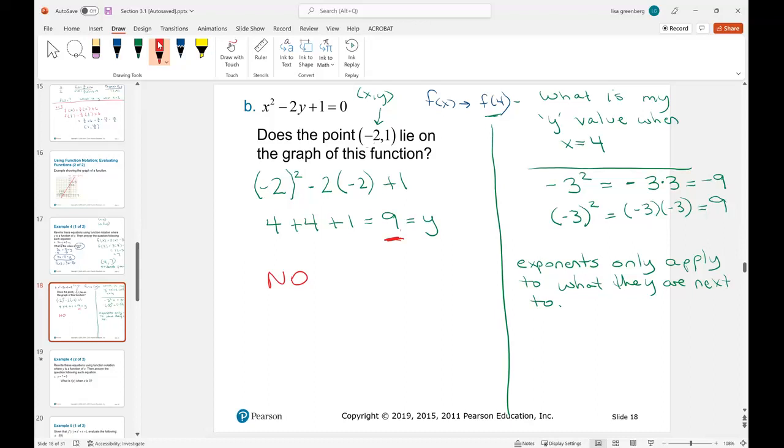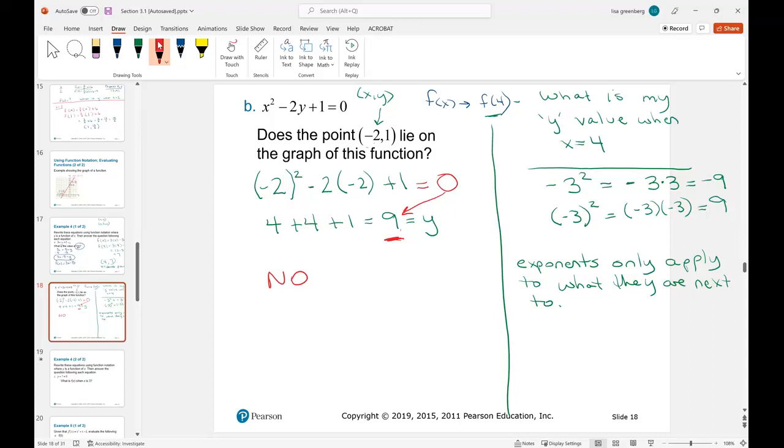Actually, let me rephrase that. So ignore what I just said. But I'm close, because when I plug in -2 to this equation, isn't it supposed to equal 0? But it doesn't equal 0. It equals 9, which means that point is not on that graph.